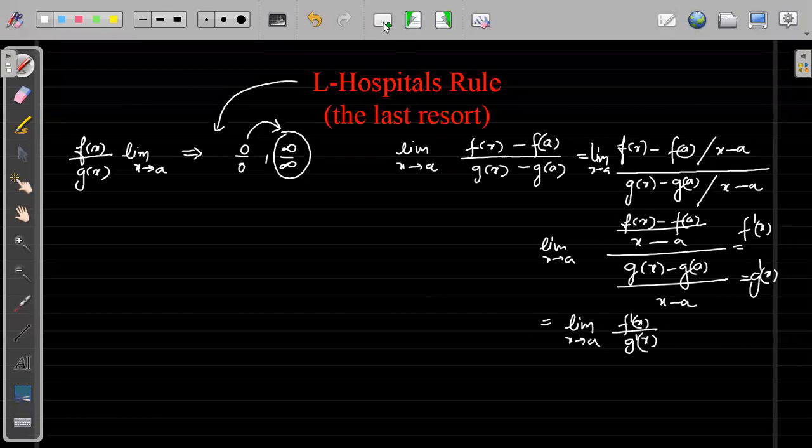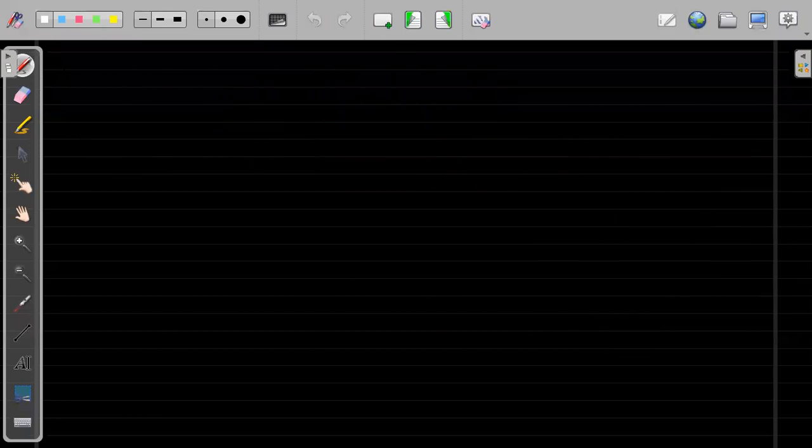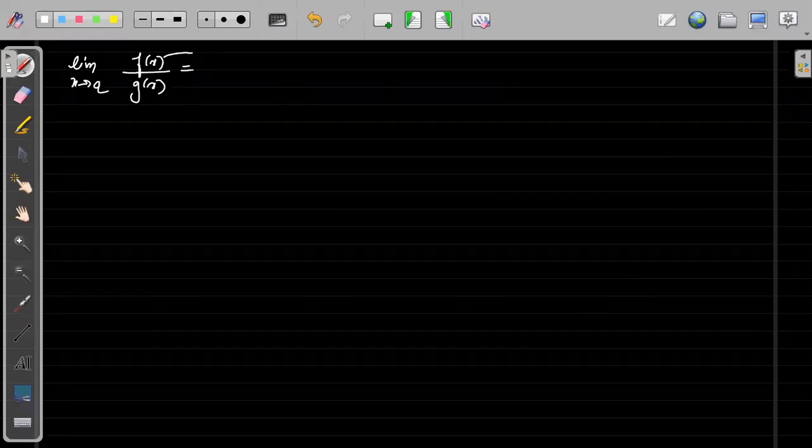The next explanation: we have limit of x tending to a, f of x divided by g of x, where it is either 0 by 0 form or infinity by infinity form. So we can expand these two functions.